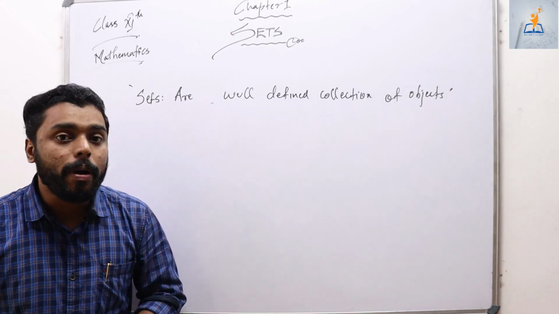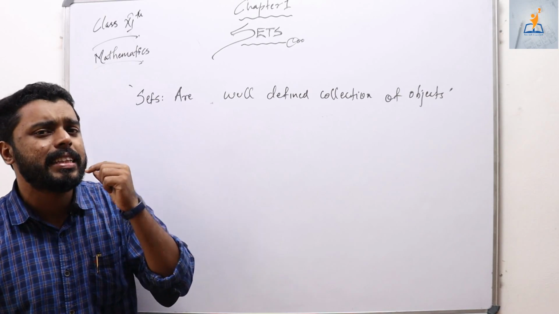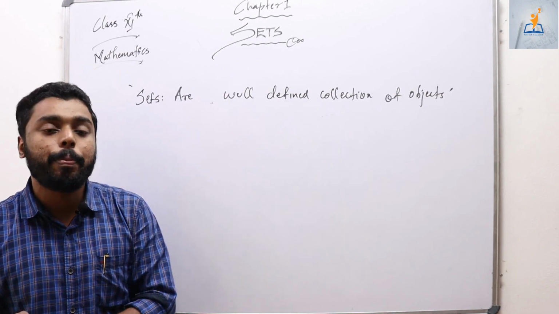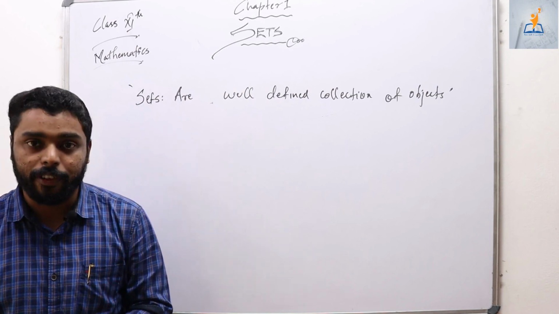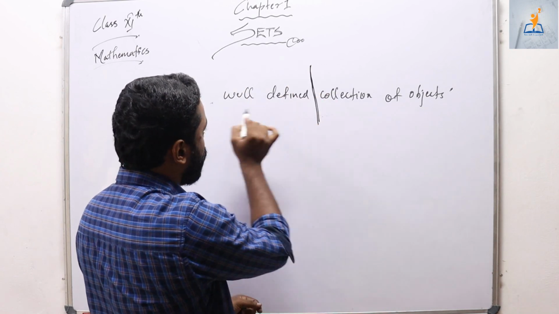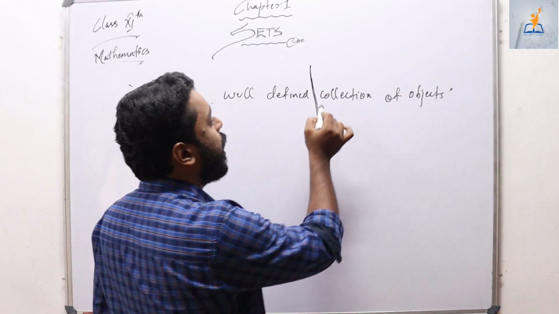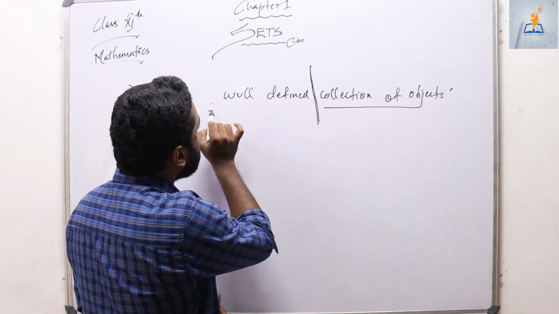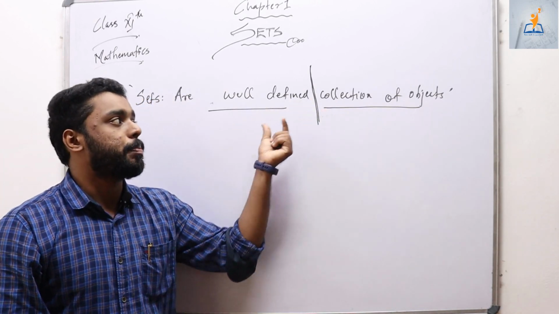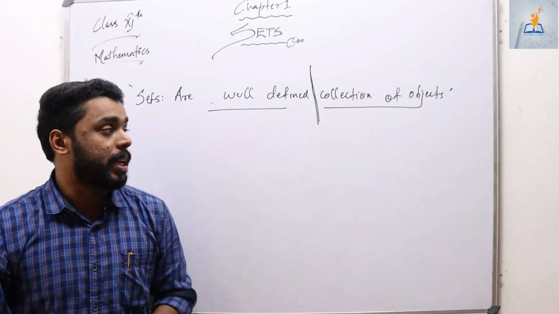But the problem is we have to understand each term in this definition very well in order to interpret the term set very well. See, the first part is well-defined, and the second part is collection of objects. We shall examine each part of this definition separately.